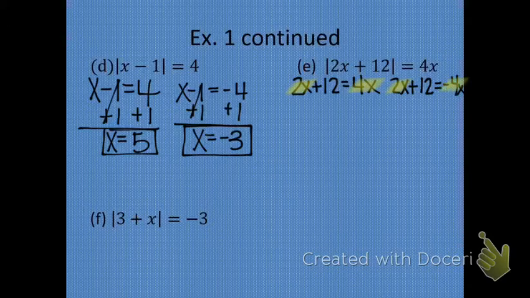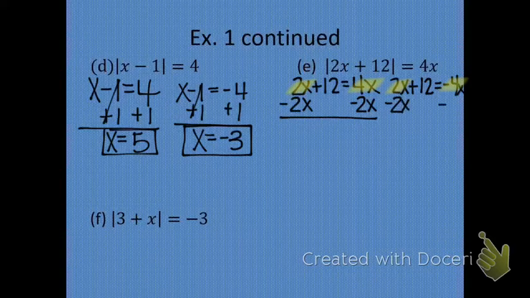Cameron, which variable are we going to move this time? 2x. Good. We can't move the 4x because that would clear everything off of the right side. So we are going to move the 2x. How do we move the 2x? Subtract 2x from both sides. And that's going to work in both equations, so we can work both equations again at the same time.